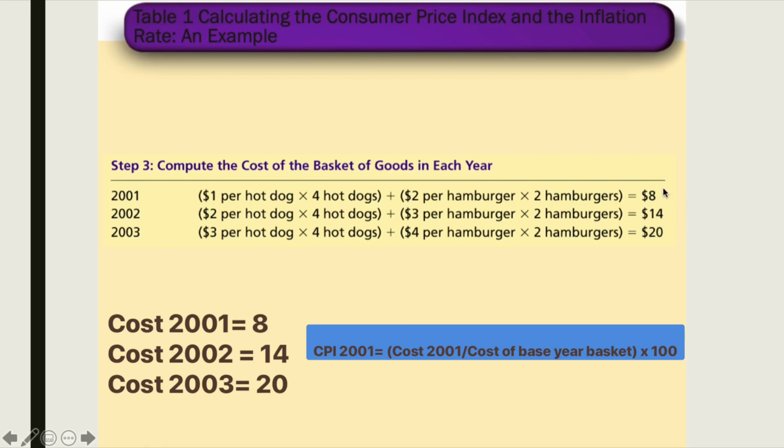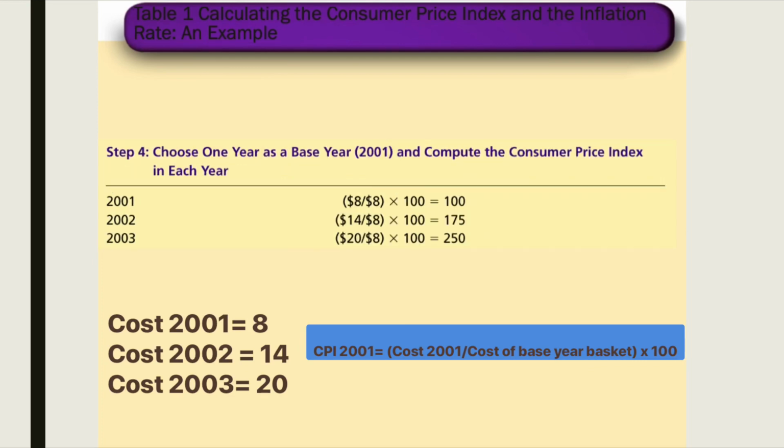Recall, the base year was the reference year that was used, and in the previous video we discussed that the Pakistan Statistics Bureau these days is using year 2015-2016 as the base year. So the formula for calculating CPI is to divide the cost of the basket by the cost of the basket from the base year.